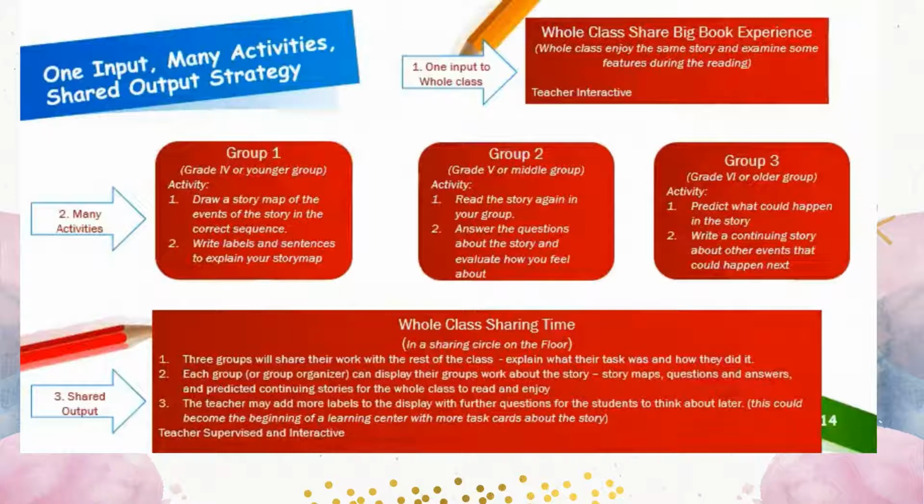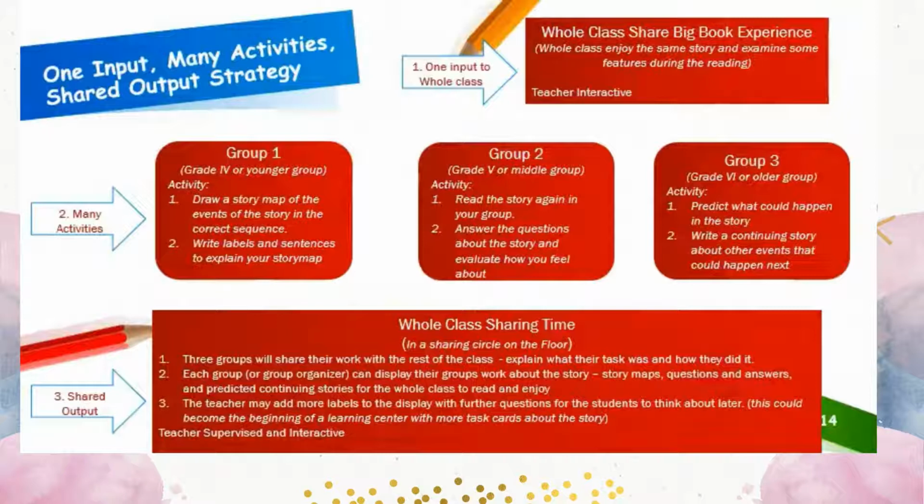For the grade 4 group, after reading the story shared by the teacher, they will be drawing a map of the events of the story in the correct sequence and writing labels and sentences to explain the story map that they have created.